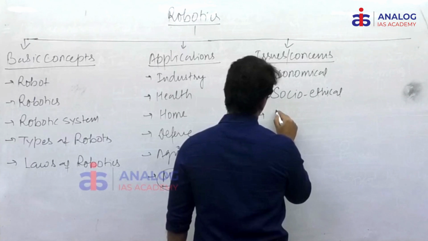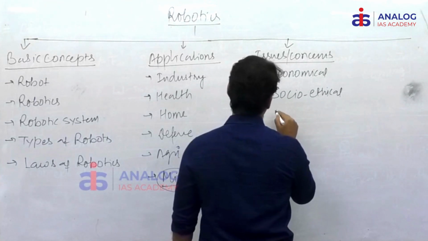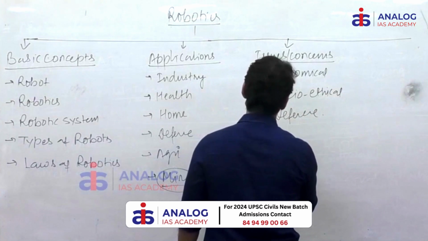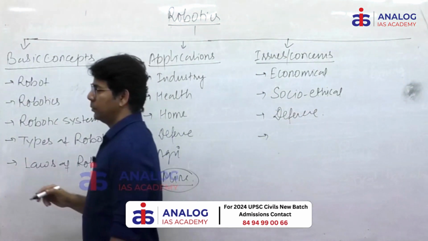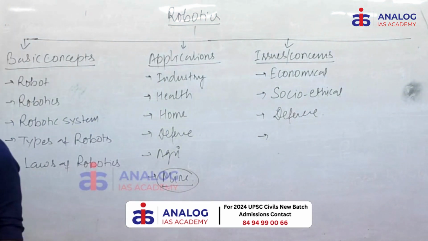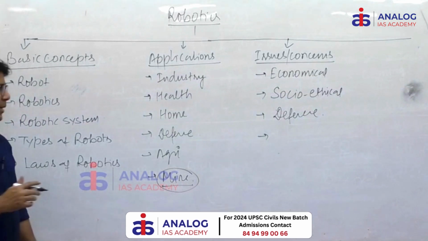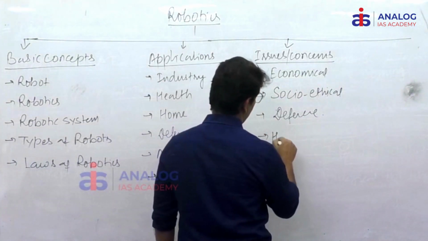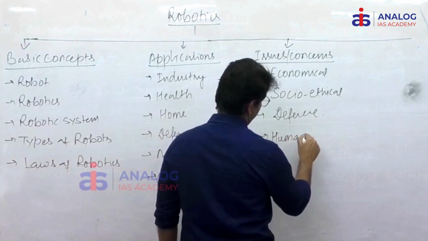Then we have defense related issues, whether robots should be used in the army or not. And there is something that will be running all through our discussion, that is human robot coexistence.